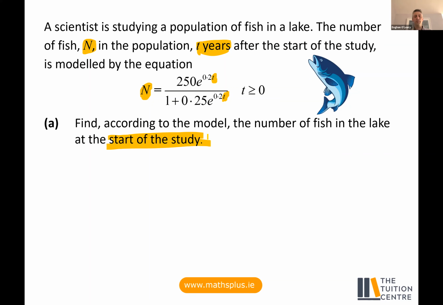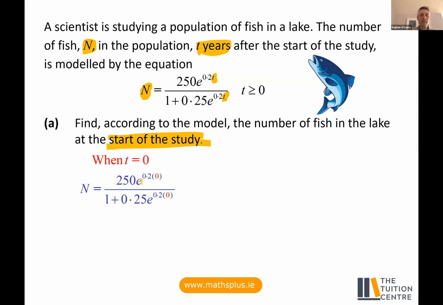So with this one, it's the same kind of trick that comes up a lot. You just have to recognize that at the start of the study, T is equal to 0. Sometimes people put in 1 by mistake as the start, and that'll throw it off completely.